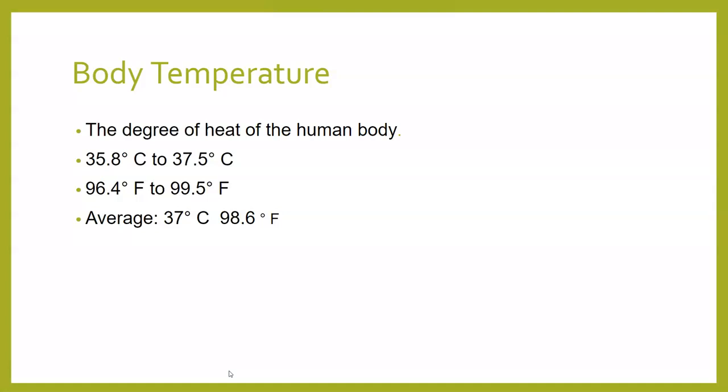But in CoursePoint, your normal range is 96.8 to 100.4 degrees Fahrenheit. So just be aware of that discrepancy there. But what's on this PowerPoint, I have a graph or a table at the very end that shows exactly what you're going to have to know for your lab, and I'll make sure that's consistent with my tests as well.